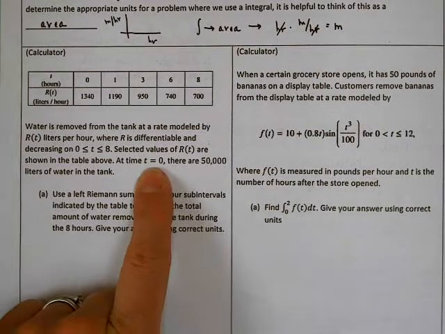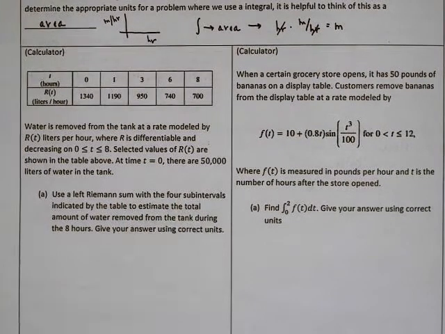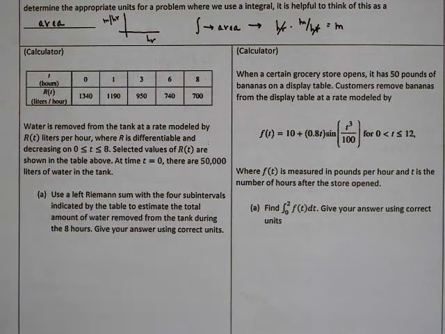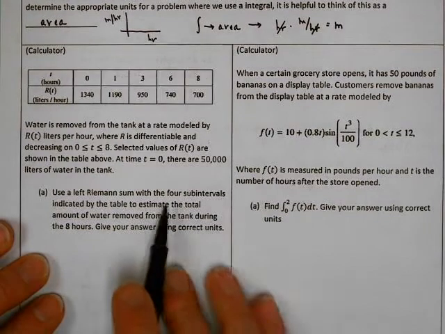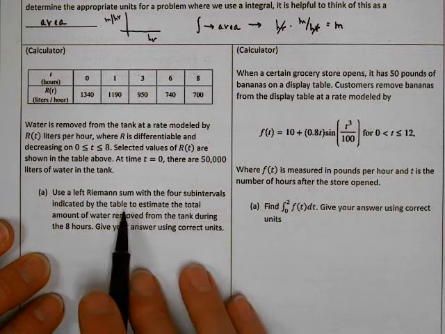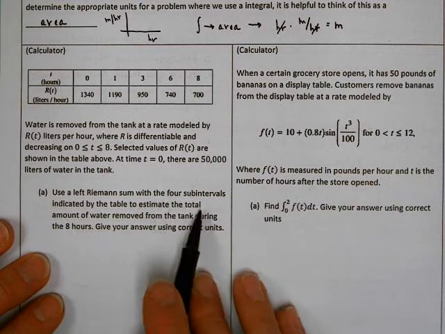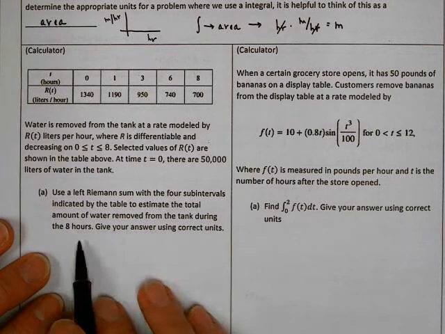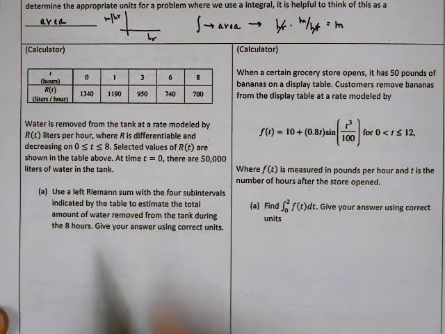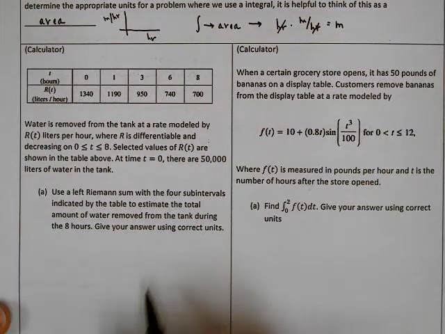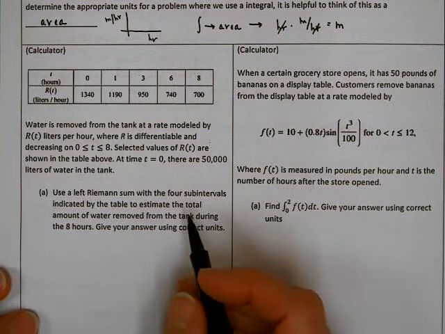It's saying when we started, there are 50,000 liters of water in the tank. So now it's asking us to use a left Riemann sum with the 4 subintervals indicated by the table to estimate the total amount of water removed from the tank during the 8 hours. So we're using that Riemann sum to estimate the area.